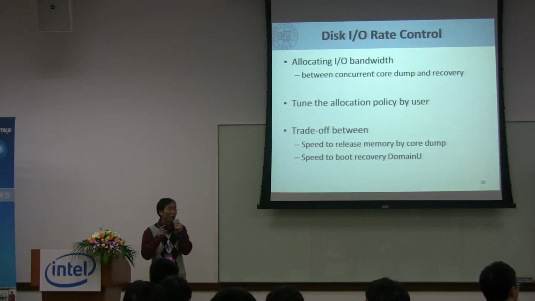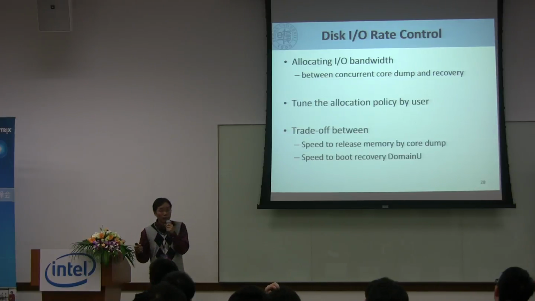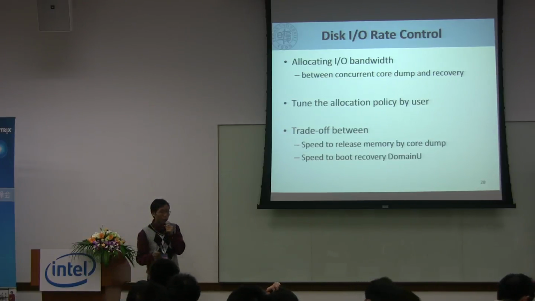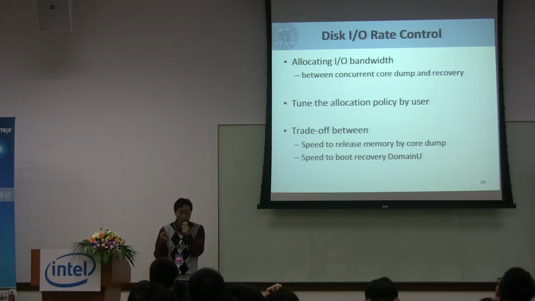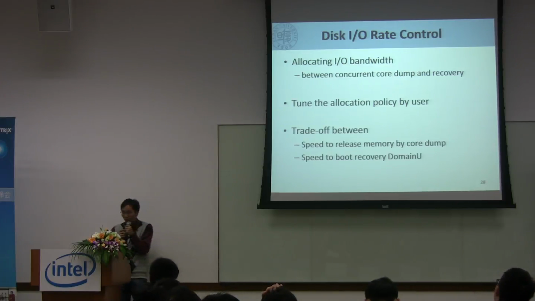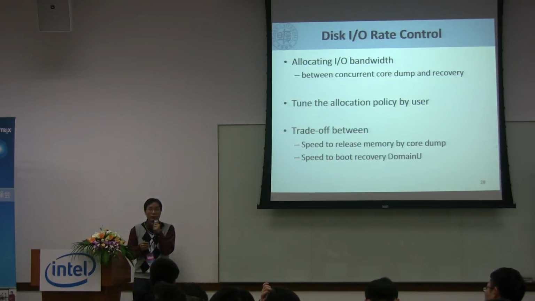For example, for an I/O-intensive virtual machine, like an NFS server, you can configure such a virtual machine to allocate more I/O bandwidth. This is actually a trade-off between the speed of releasing memory by crash dump and the speed of booting the recovery domain.